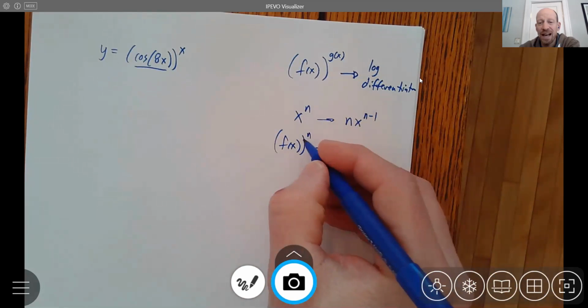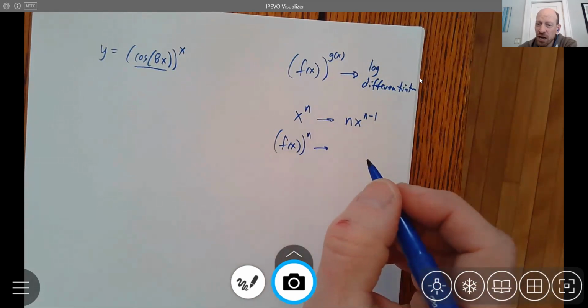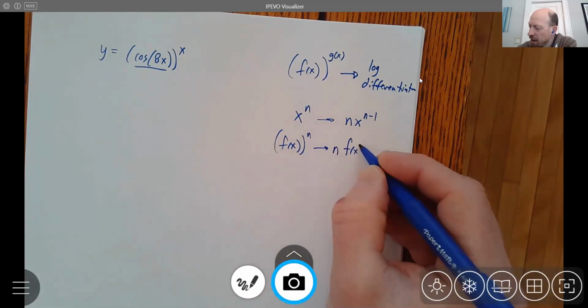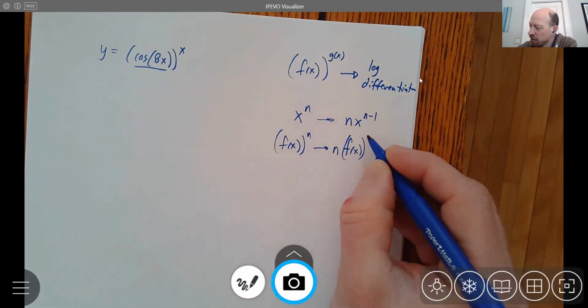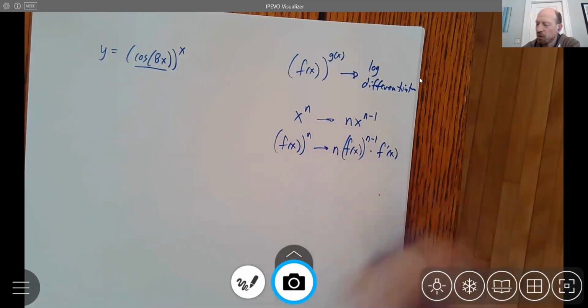So if n is a constant here, this is also like a power function. This is a chain rule problem. This is going to be n times f of x to the n minus 1 times f prime of x. So that's the chain rule.